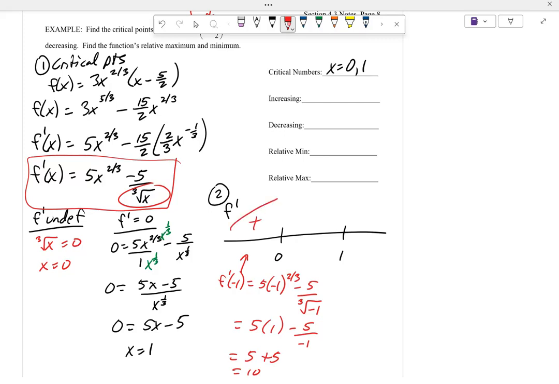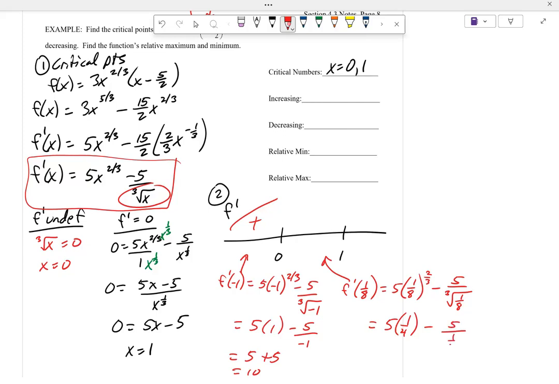So this is increasing. Let's throw in something between 0 and 1. I'm going to be strategic because I have 3rd roots on this, so I'm going to throw in like 1/8. So I got 5 times 1/8 to the 2/3 minus 5 over the 3rd root of 1/8. The 3rd root of 1/8 is 1/2, and 1/2 squared is 1/4.